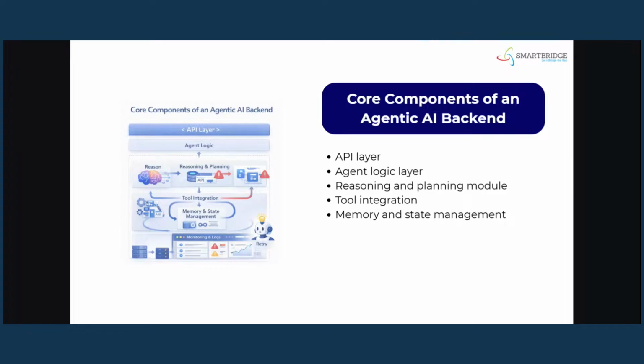May I know how many components there are in an agentic AI backend, in the Q&A?